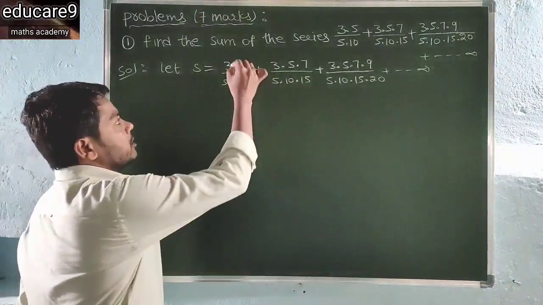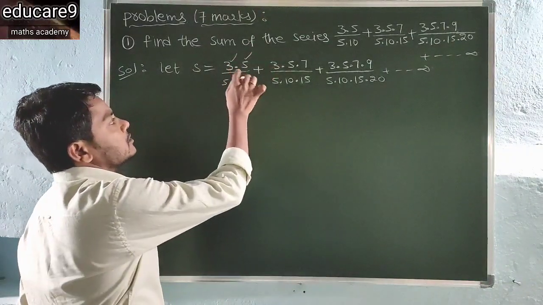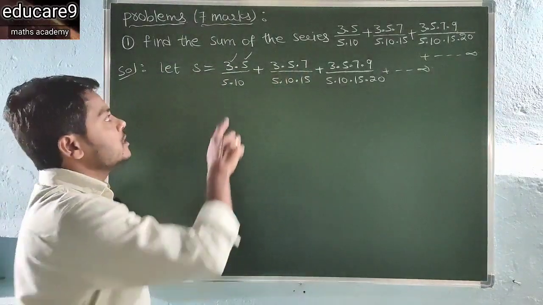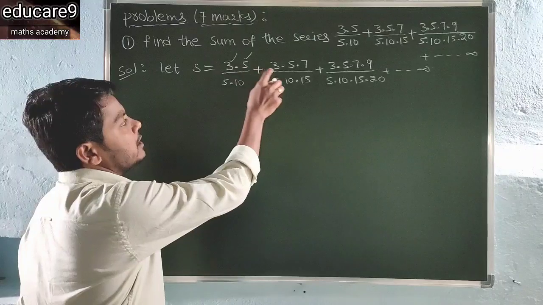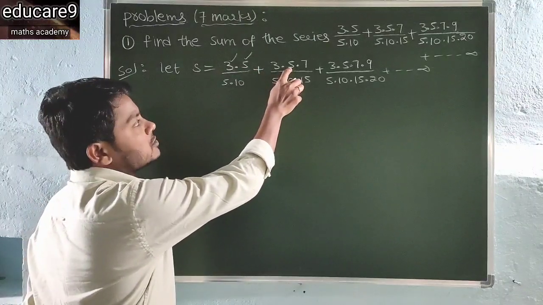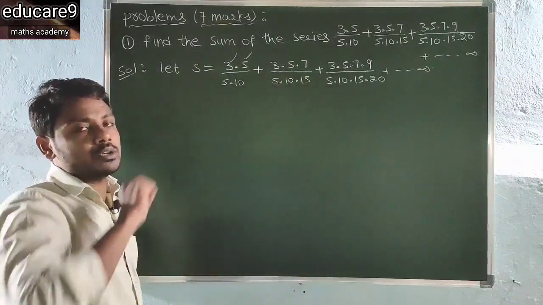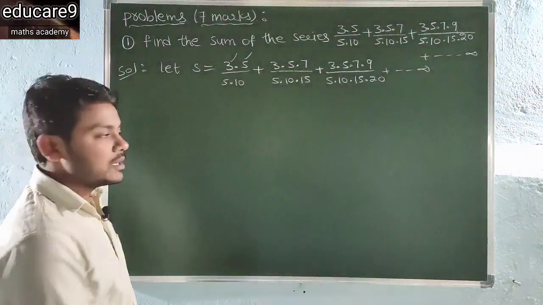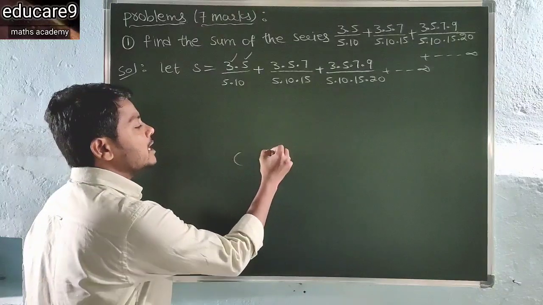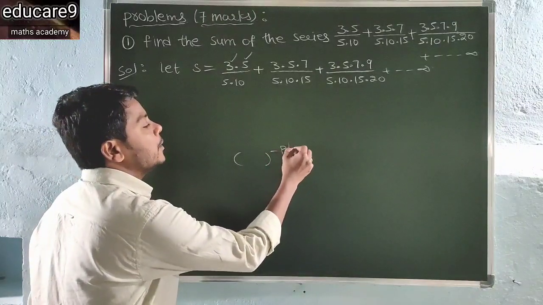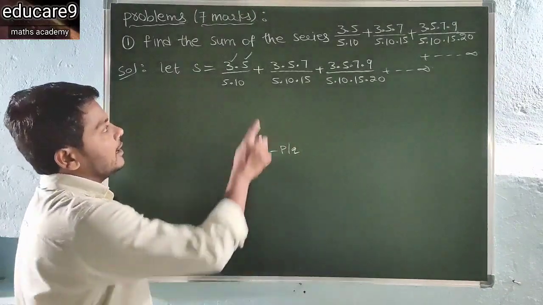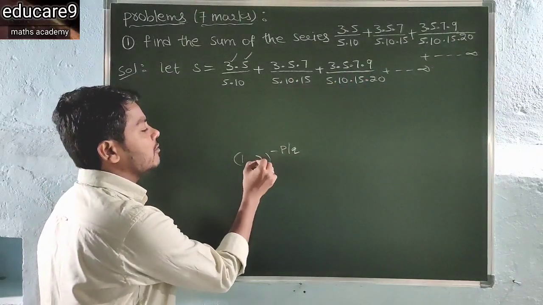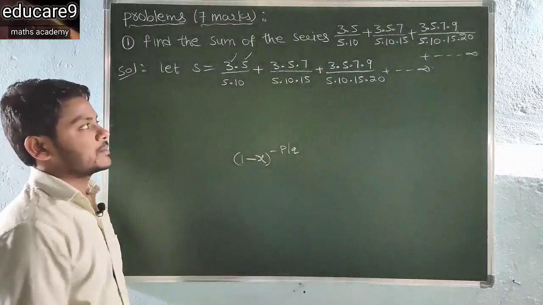See here, once you observe the numerator, here 3 5, here 3 5 7, so the terms are increasing. This is 3 plus 2 is 5, here also 3 plus 2 is 5, here 3 plus 2 into 2, 3 plus 4. So clearly the numerators are sums of the terms, so clearly the power is negative and all are positive. So clearly you will get it in between 1 and x minus.